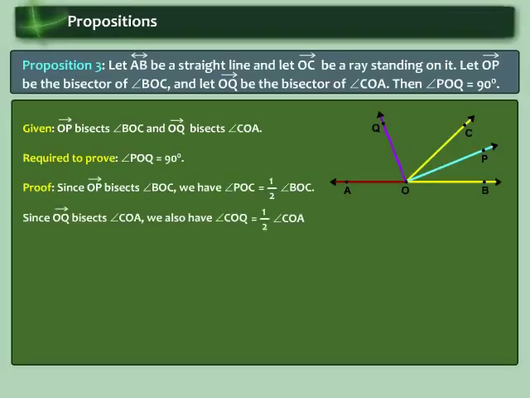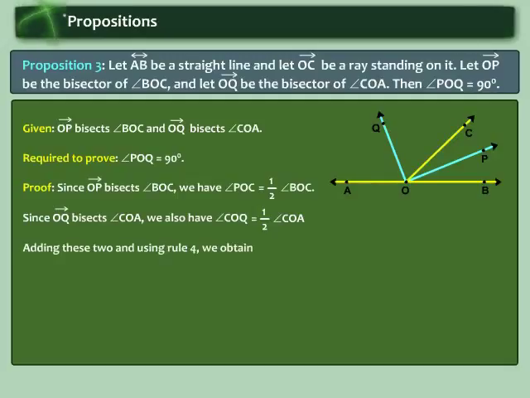Since ray OQ bisects angle COA, we also have angle COQ is equal to half the angle COA. Adding these two and using rule 4, we obtain angle POQ is equal to half the angle BOC plus angle COA.